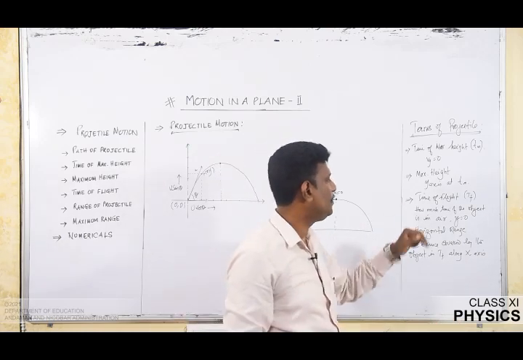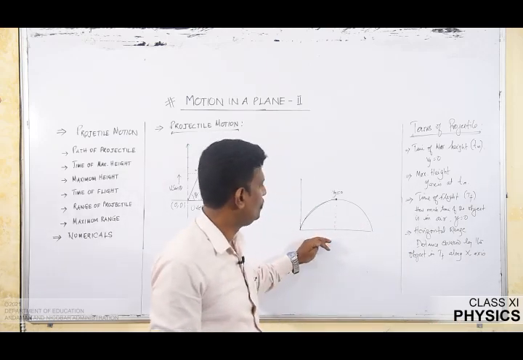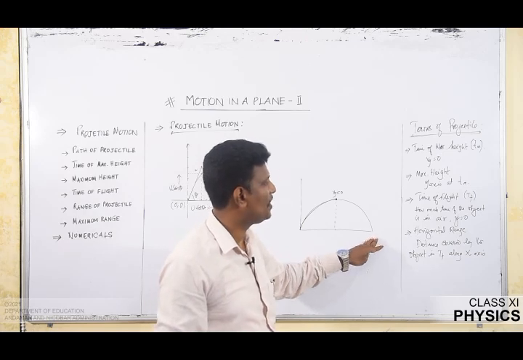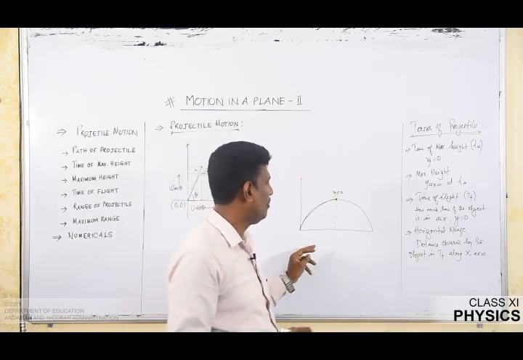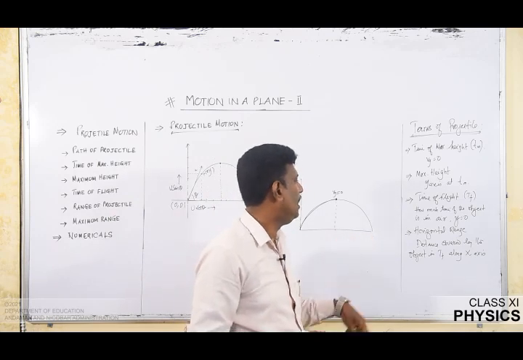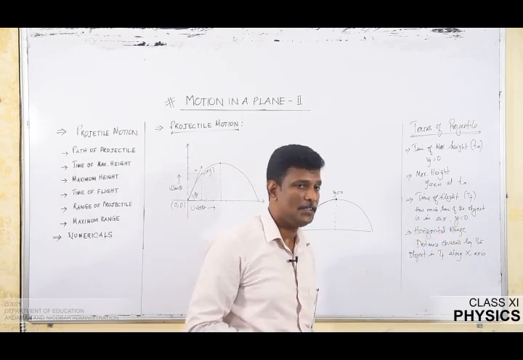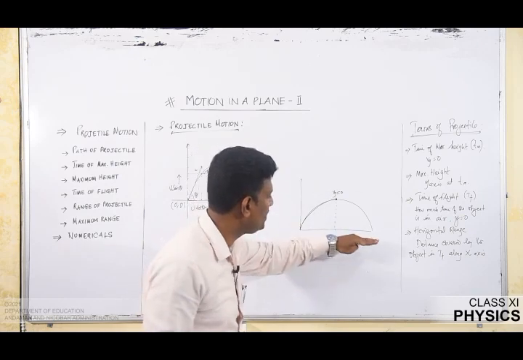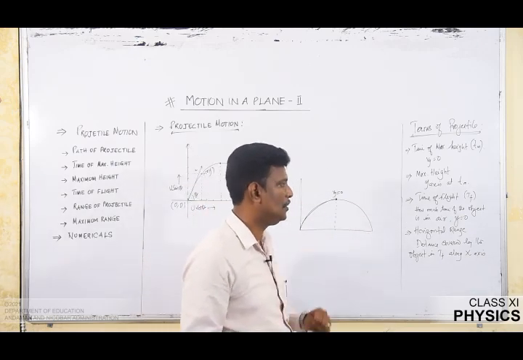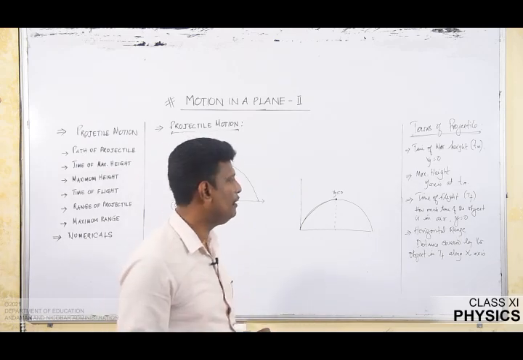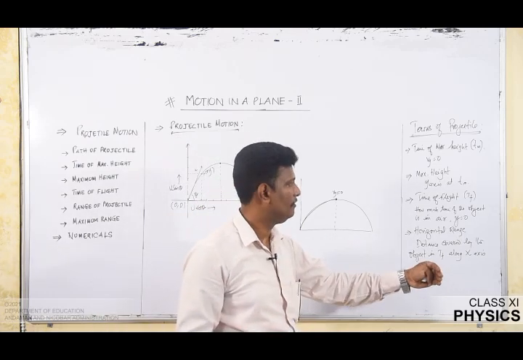So, the total time taken by the object to reach the ground, or else we can say how much time the object is taking in air, and y is equal to 0. Because it is reaching the ground, obviously the y direction will be 0. Simply the time taken by the object in flight.